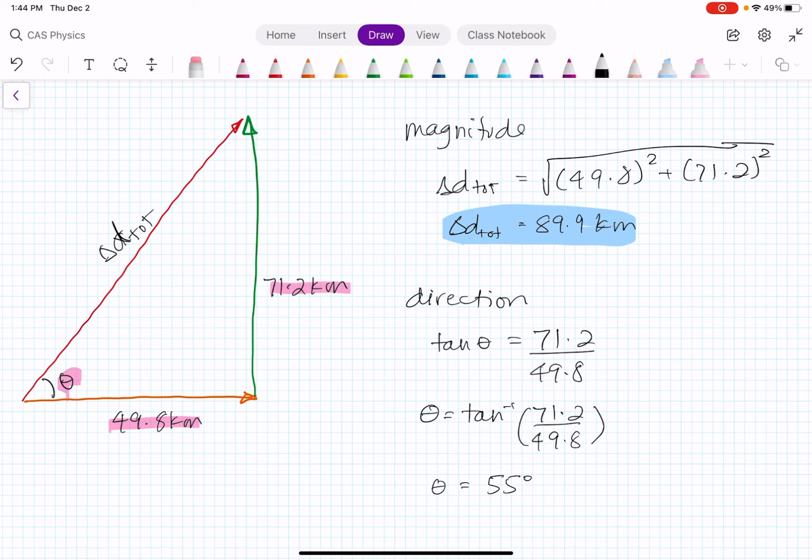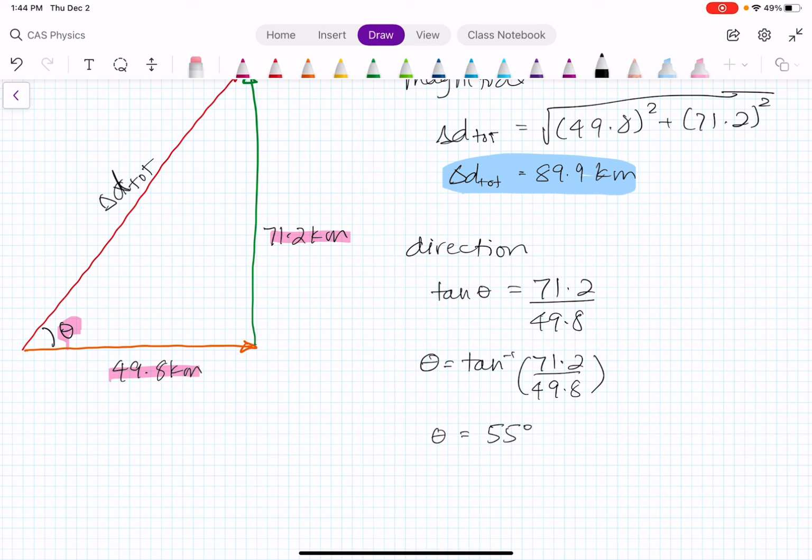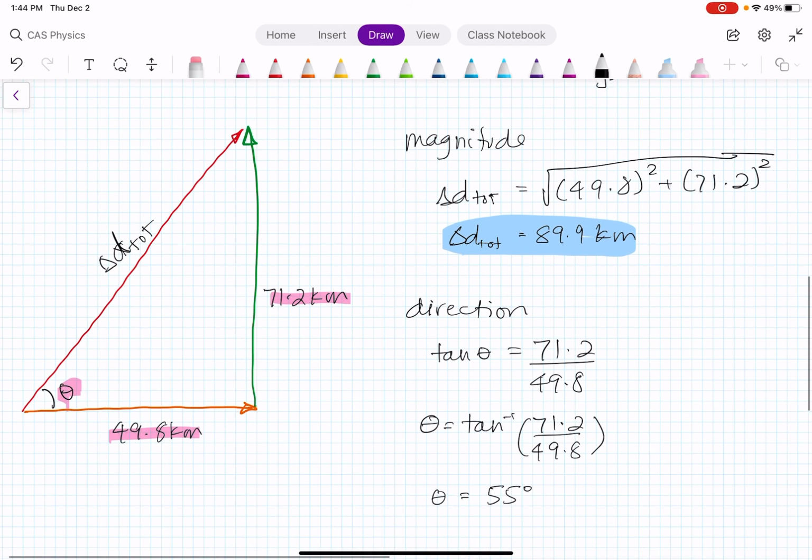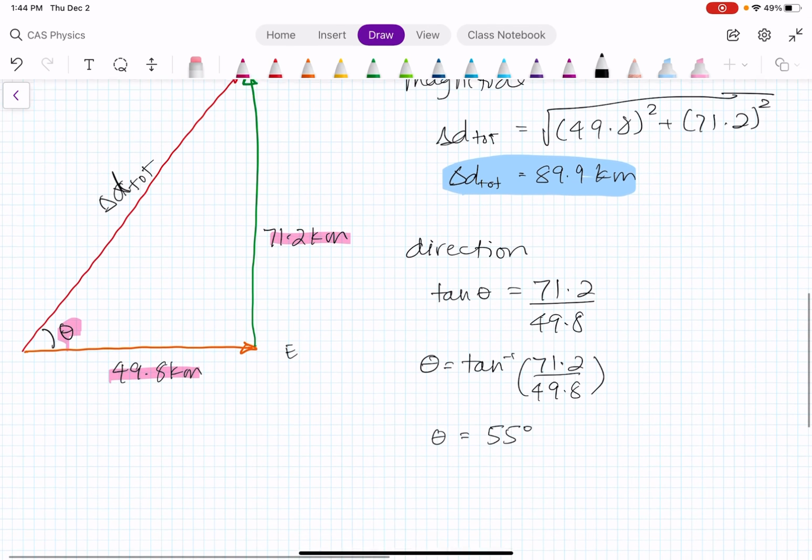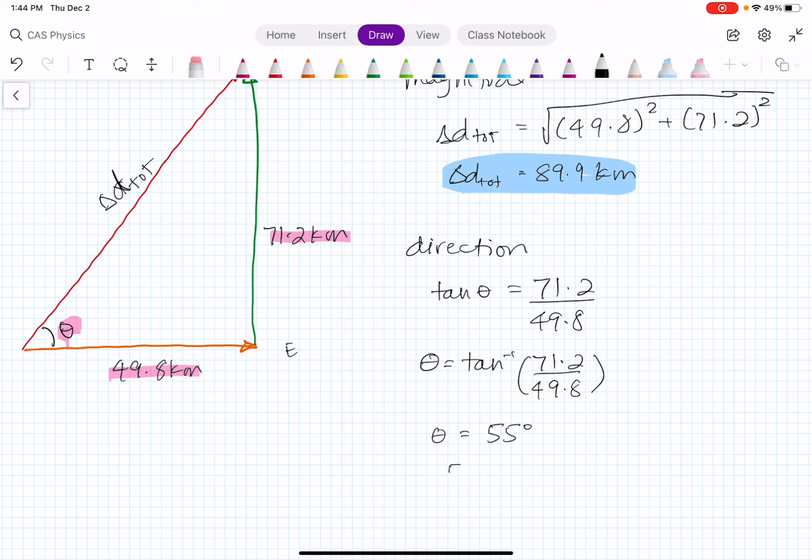So 55 degrees is just this theta, but that doesn't tell me the direction it's actually pointing. So I have to remember that this direction is north, this direction is east. So if I wanted to write my direction, I would say 55 degrees north of east. Another way to write it is east 55 degrees north. They mean the same thing.